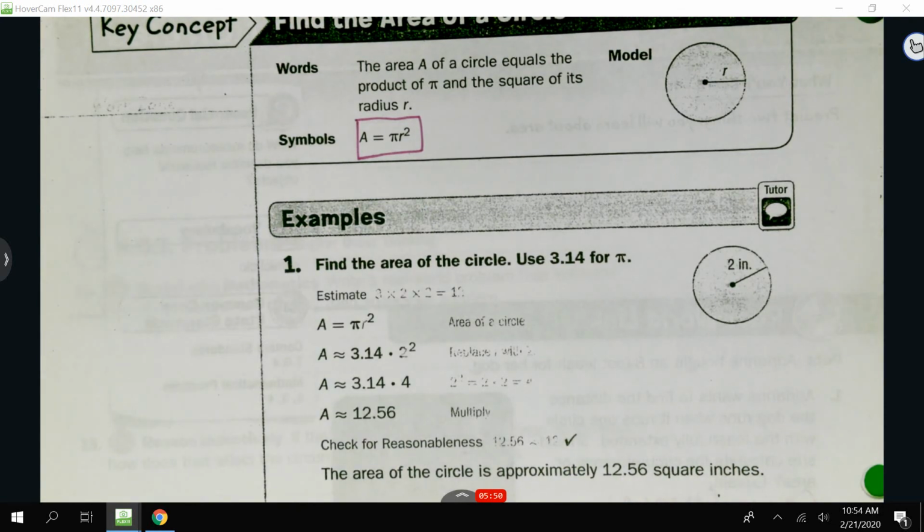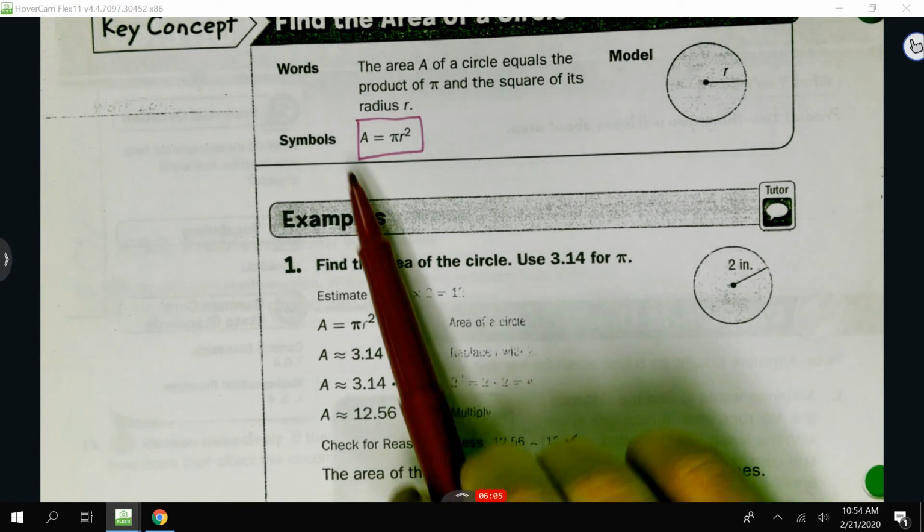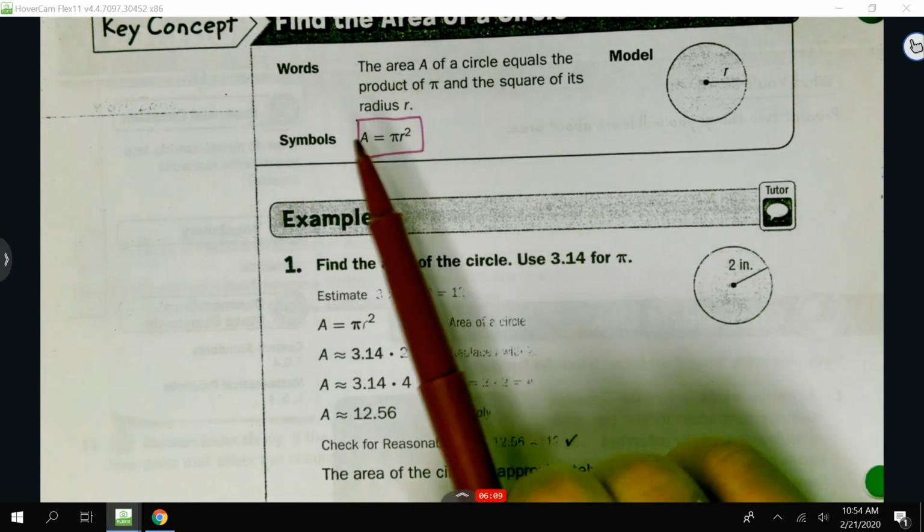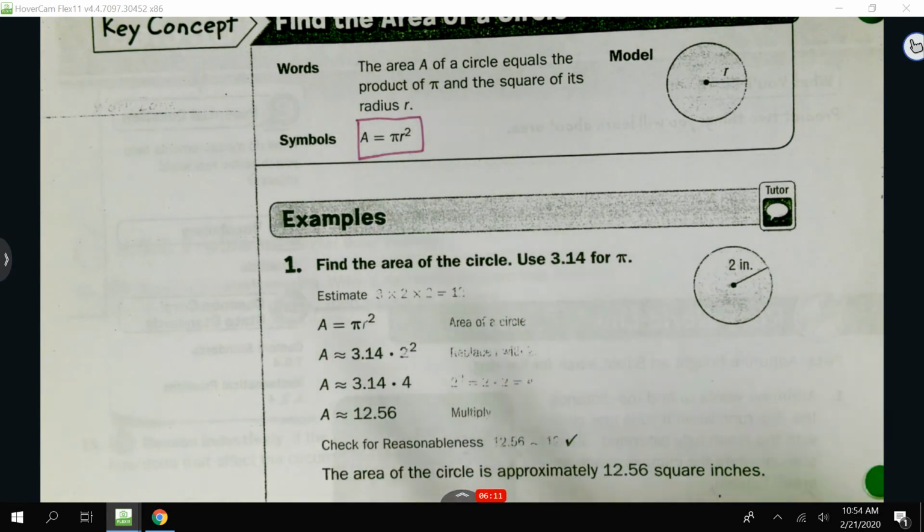So if I give you the diameter, can you plug in D for R? Is D and R the same thing? No. So if you have the diameter, you're going to have to use what we learned yesterday to find the radius, okay? Because you only have one formula here. Circumference, you had two formulas. But for area, you only got one formula that only includes the radius, okay?